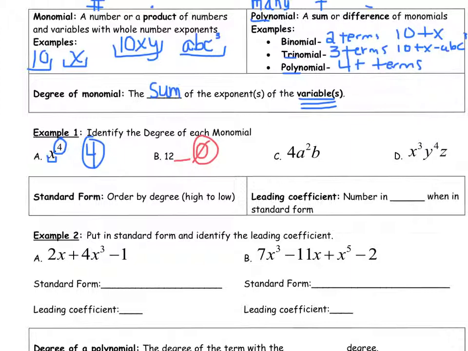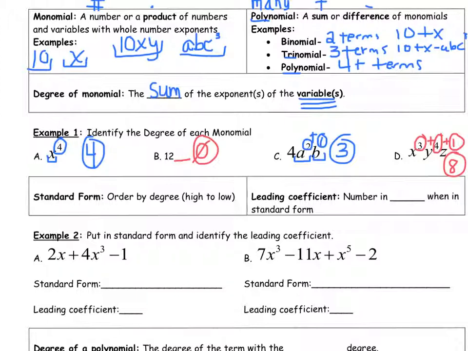In C, I don't count the exponent on the 4, but I'll count the 2 on the a, and I'll count the 1 on the b, and 2 plus 1 is degree 3. Last, I'll count the 3 on the x, the 4 on the y, and the 1 on the z, and when I add those up, 3 plus 4 plus 1 is 8.